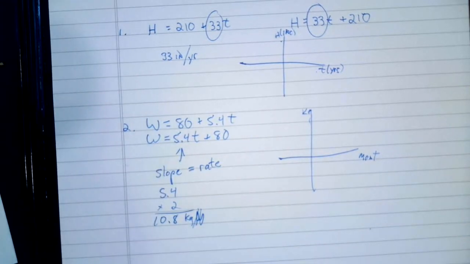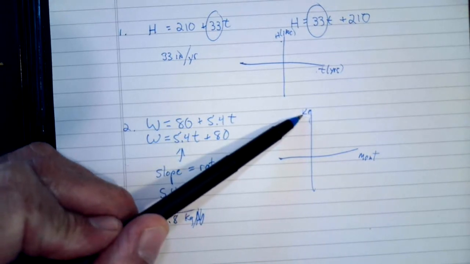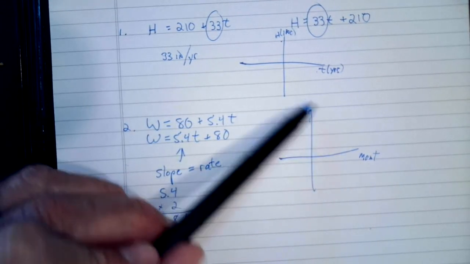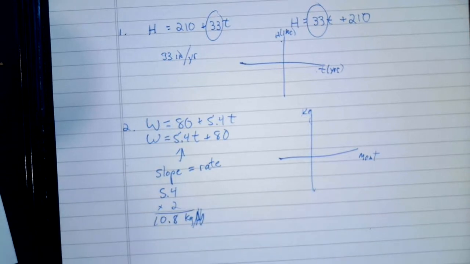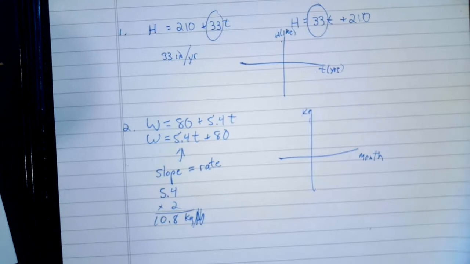Sometimes it's speed, sometimes it's height per inches. Usually it's clear in it, but whatever that unit is, over that, rise over run. Okay? All right, number 3.